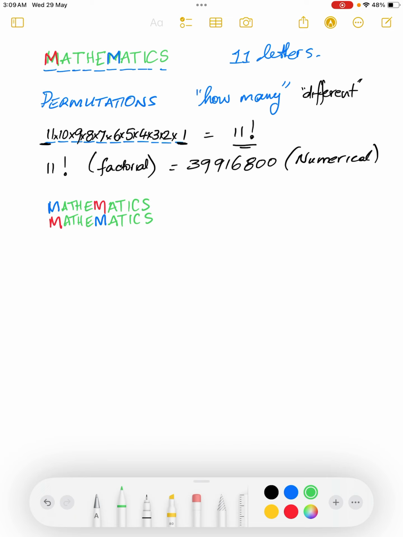And out of those 40 million, two of those words have a doubled up. In fact, that's if we put M in those positions. And if we move it around, no matter where the M's go, we could double up. So really, it's not 40 million at all.